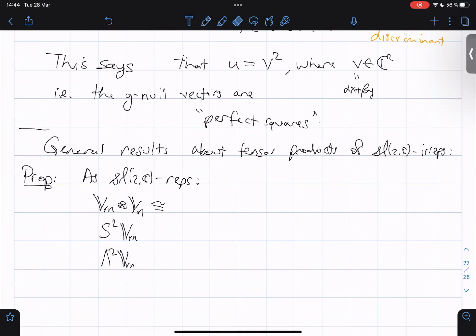What's the decomposition? Well, clearly it starts from the top weight. What's the top weight for this? It's M. What's the top weight for that? It's N. And then you add them. So the top one is clear. The next question is what happens after this?